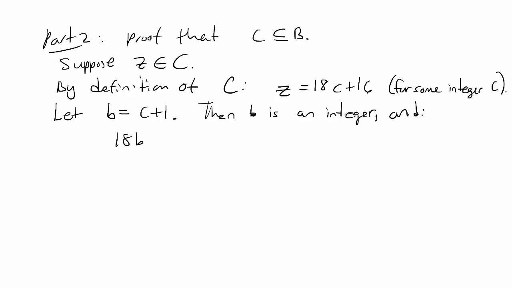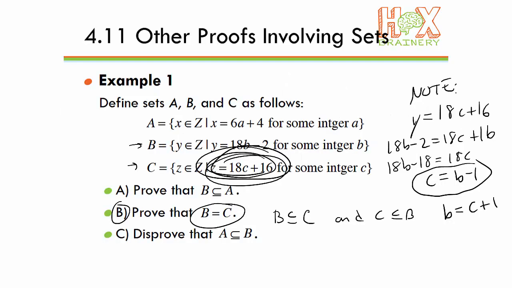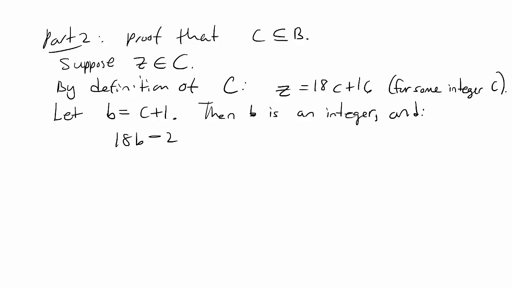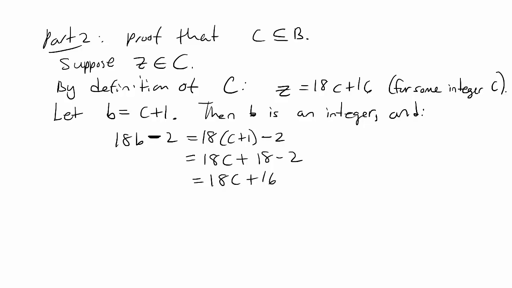And now we're going to use the definition. Oops, that should be a negative. We're using the definition here for set B. So fix this, that should be a negative there. And this is going to be equal to 18 times (c plus 1), replacing the b with c plus 1, minus 2, which is 18c plus 18 minus 2, which is 18c plus 16, which is equal to z, right?